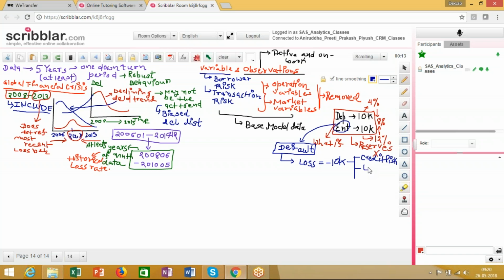The bank would be in a state of liquidation because they do not have any additional funds to pay back the depositors their money. So this is the liquidation risk. From the credit risk stems the liquidation risk.